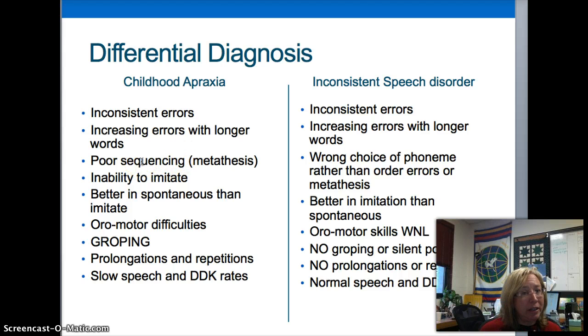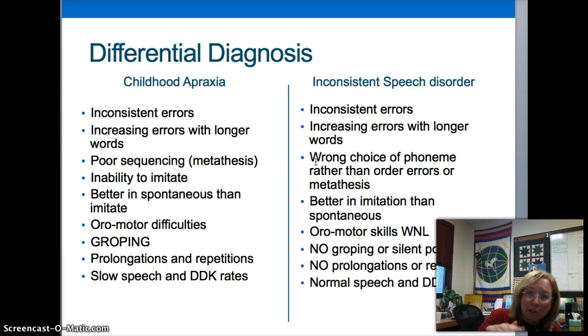Here's where you're going to start seeing some divergence of the two populations. Children with apraxia will have sequencing errors, or metathetic errors, metathesis. Syllables will slip out of order. Tornado becomes tornado and such. You're not going to see that as much in kids with these inconsistent types.